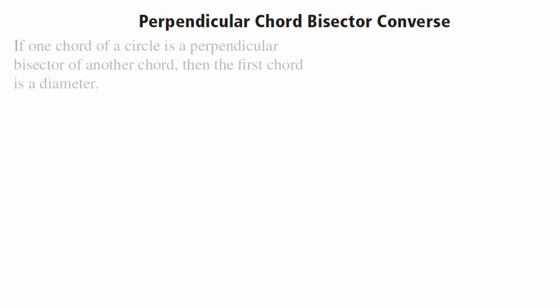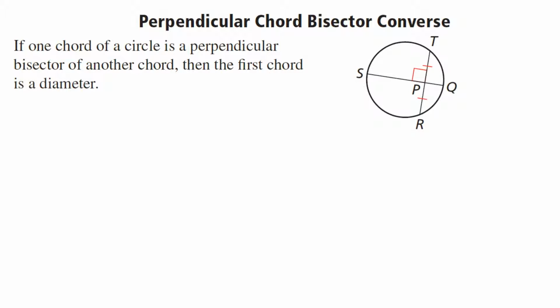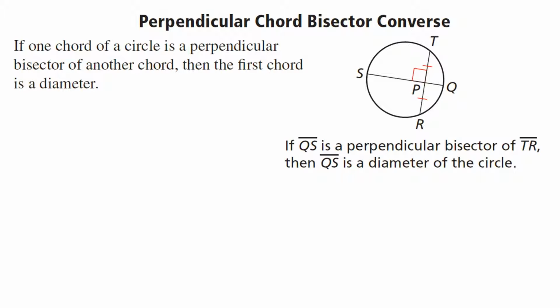And so going the opposite direction, right? If I know they bisect, if the diameter bisects the chord, and say, hey, that first one had to be a diameter. Right?